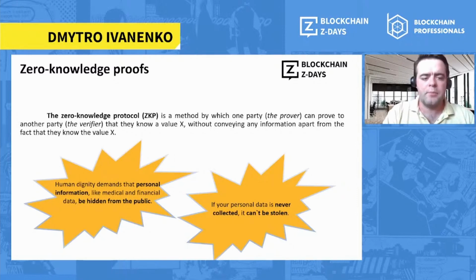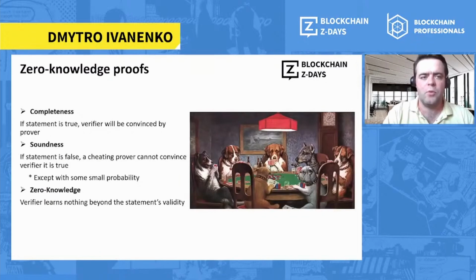And this protocol has three properties. The first property is completeness: if the statement is true, the verifier will be convinced by the prover. The second property is soundness: if the statement is false, a cheating prover cannot convince a verifier that it is true.